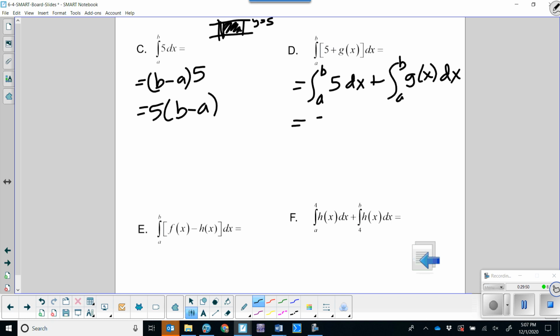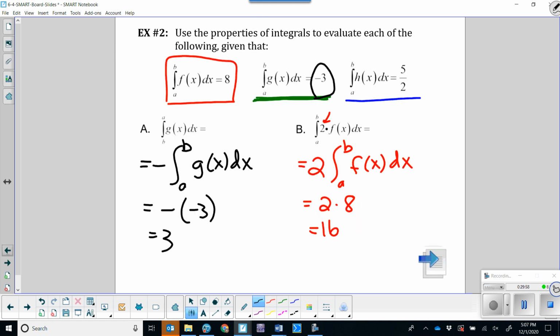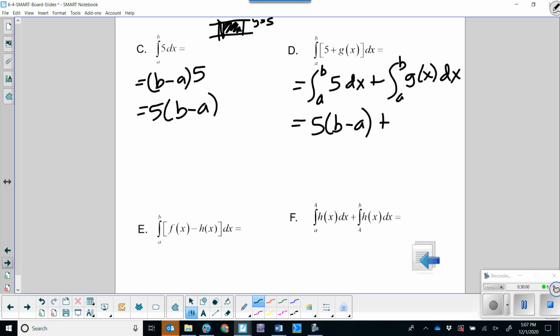Well, we just did this one, and this was the answer. And then the integral from a to b of g of x dx was given as -3. So that means this is that plus -3, or of course you can write -3, and that's it. And we can't simplify it really.